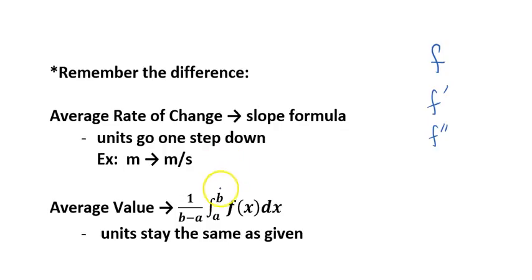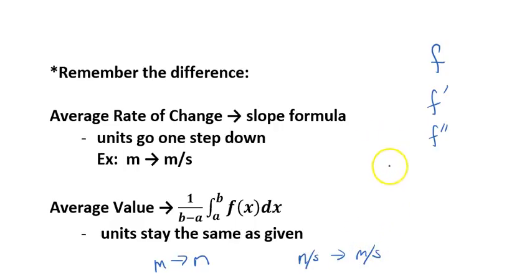Average value, what we're talking about today, is this formula, not the slope formula, but this formula. And the units will actually stay the same as what you're given. So if you're given meters, your answer will be in meters. If you're given meters per second, your answer will also be meters per second.